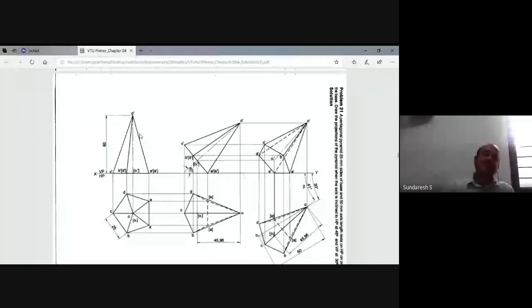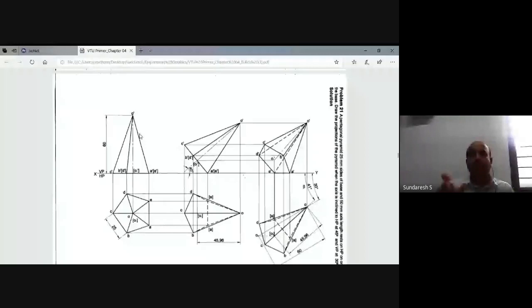Once this solid or axis is made to incline with respect to HP at 40 degrees, and if this solid has been viewed from the top, definitely the length that you are going to see will be foreshortened, will be reduced. Now the same condition also applies over here.